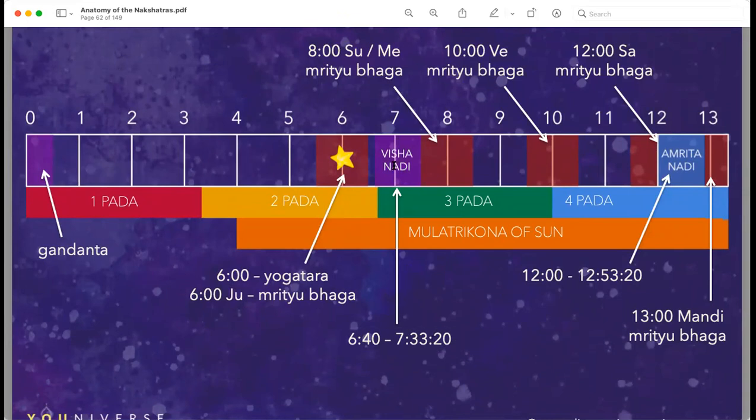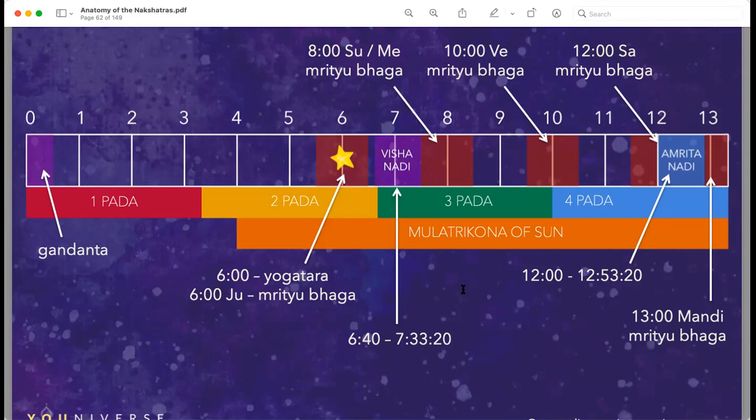It starts a tiny bit at the edge of the second pada, but I would say it's the first part of the third pada. That is Vishanadi, the most poisonous part of it.